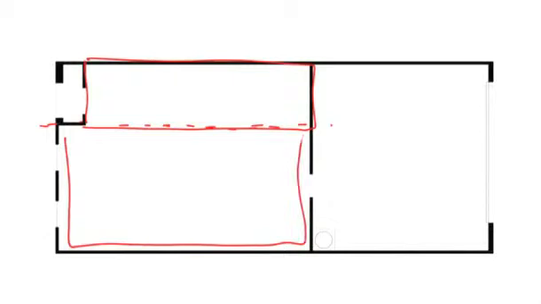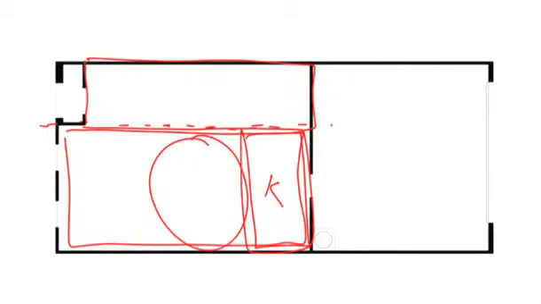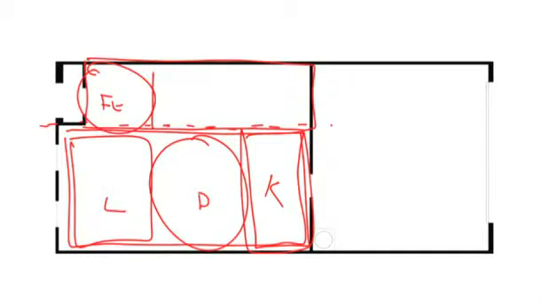So what I'm going to suggest is that we try to respect this line all the way across and use this portion of the plan to put the stair, the front entry, the back entry, and the guest bathroom, and then leave all of this as open as we possibly can, getting the kitchen over on this side, the dining room there, and the living room here, with the front entry, the stair, the bathroom, and the back entry over on this side.